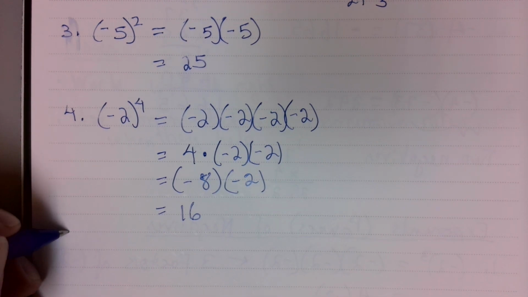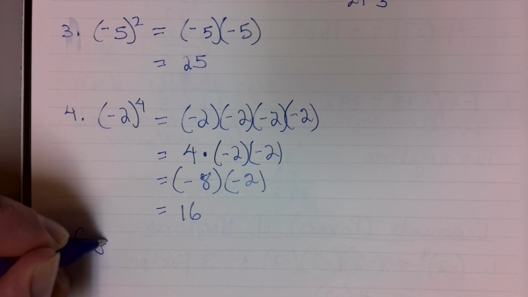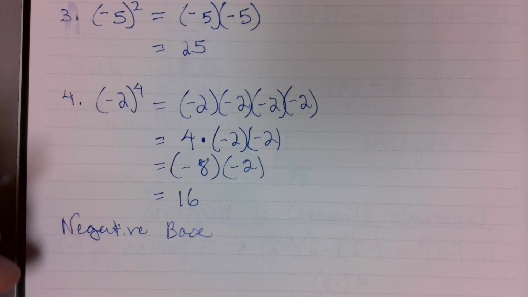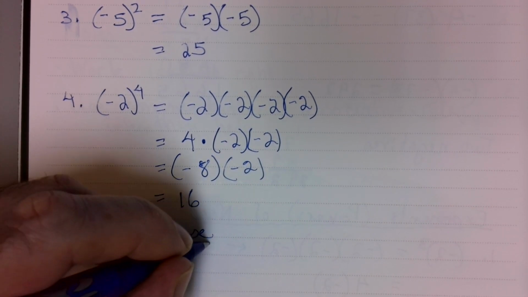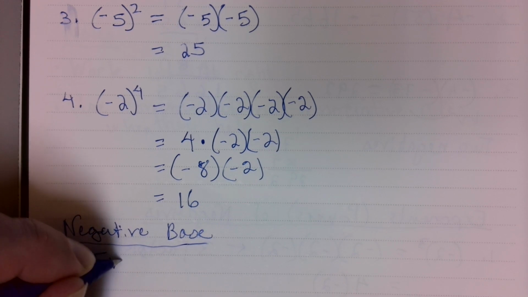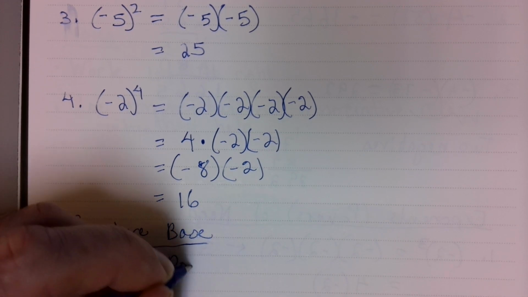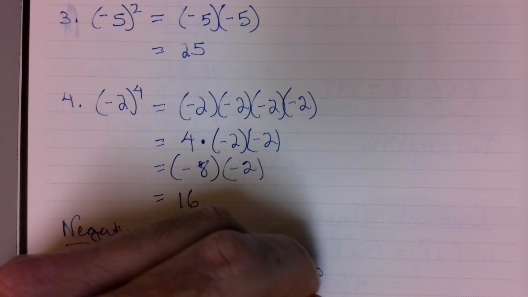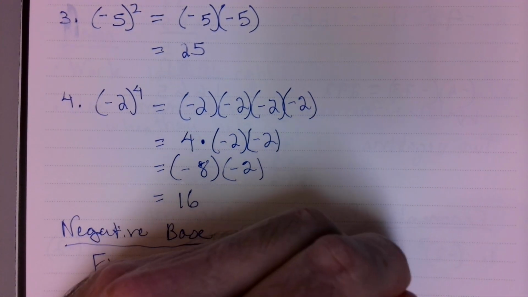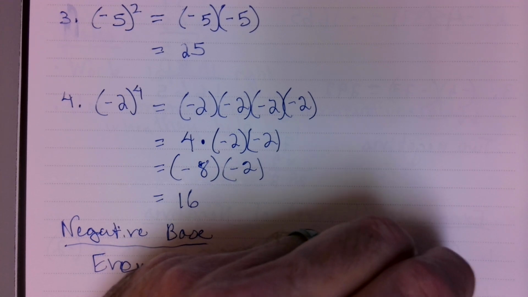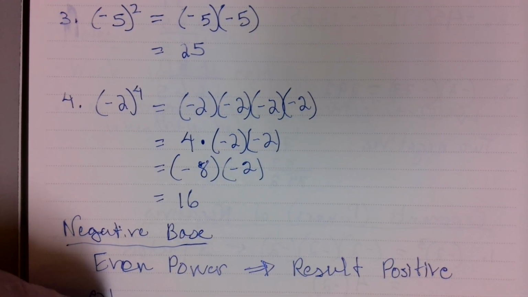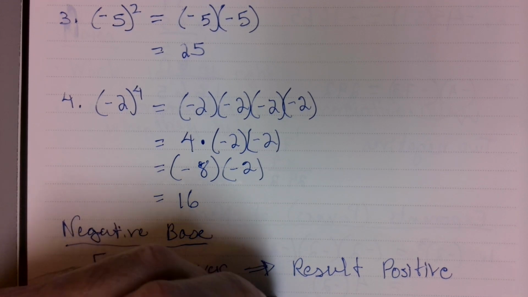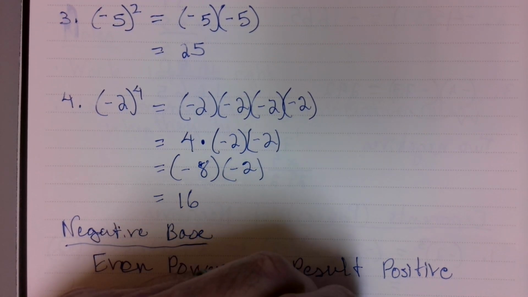So, if I take a negative base, if I have an even power, or an even exponent, my result will be positive. If I have an odd power, that means my result will be negative.